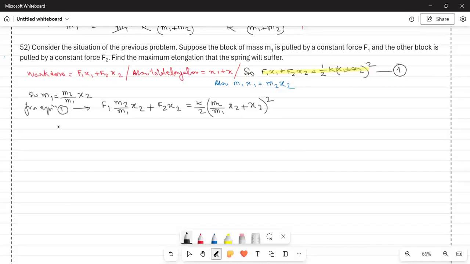From here we get, taking m1 as the denominator, (F1 m2 plus F2 m1) whole thing multiplied by x2 equal to k by 2.